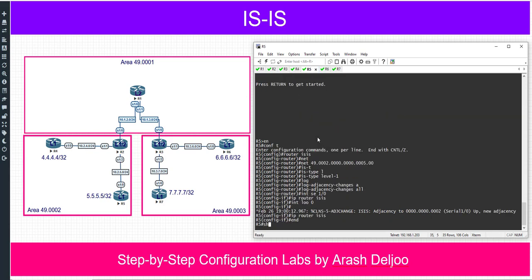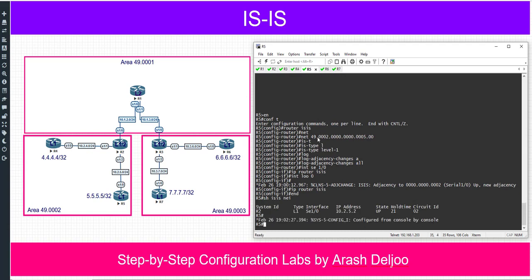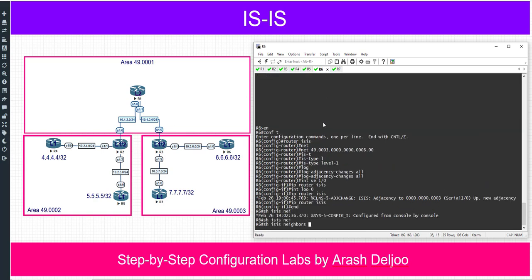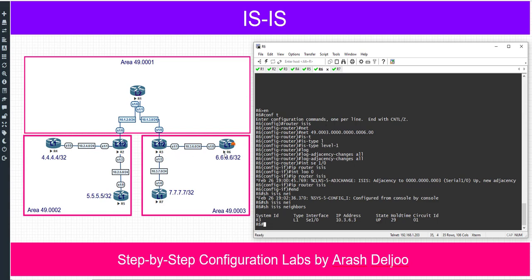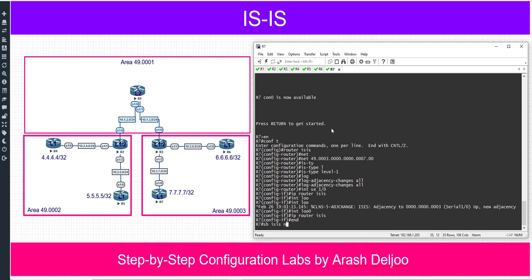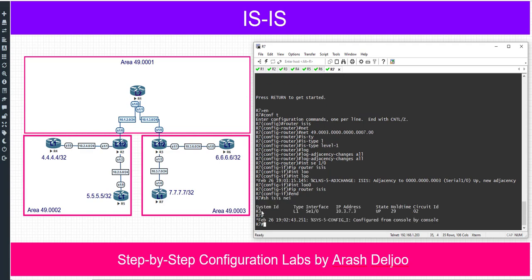On router 5, again only one level 1 neighbor, router 2. Then on router 6, show ISIS neighbors, we have neighborship with router 3. And on router 7, we have one neighbor, router 3.